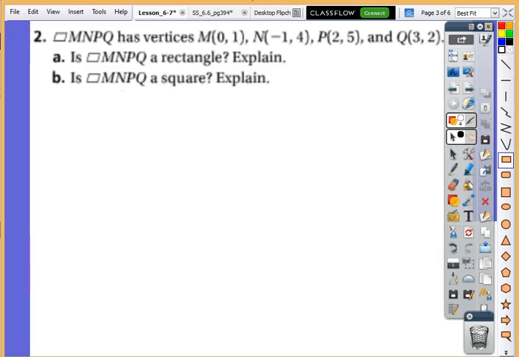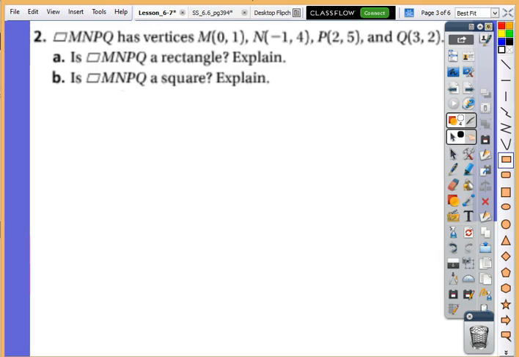So one of the things we could do is find the lengths of all four sides. And then after that, we could find the slopes of all the lines to see if they're perpendicular. So that's one way. And then that would tell us the rectangle. And then, actually, if all the sides were the same length, it would be a square too. So that would actually end up answering both questions.